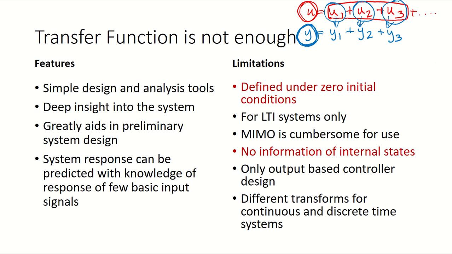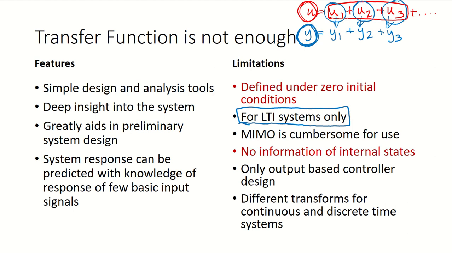However, the limitations are also there. This thing that it is an LTI system only is in itself a limitation. This consideration that the system behaves in a linear and linear time invariant manner is a limitation in itself. And the other limitations are that the transfer function can only be defined under zero initial conditions.